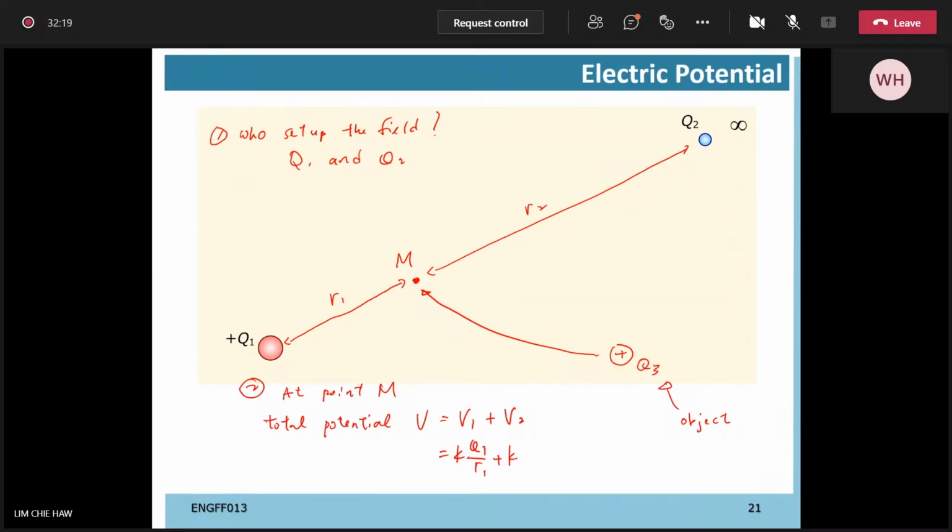So this is kQ2 over R2. This is the total potential by Q1 and Q2. Now I go back to correct my mistake just now. Understand that now? In this situation, Q1 and Q2 set up the field, and Q3 is the object. Okay, let's get back to this one.